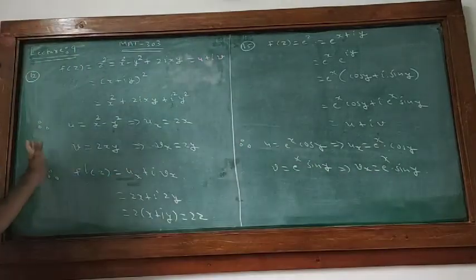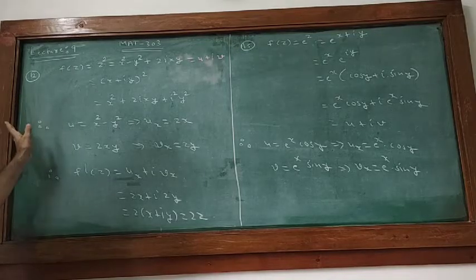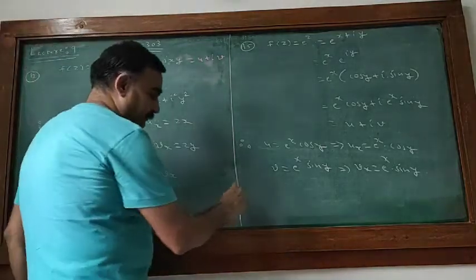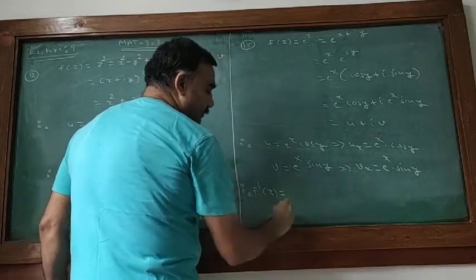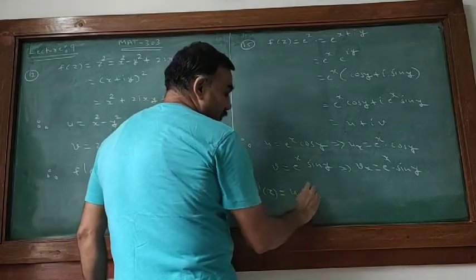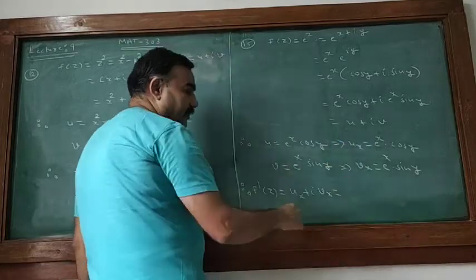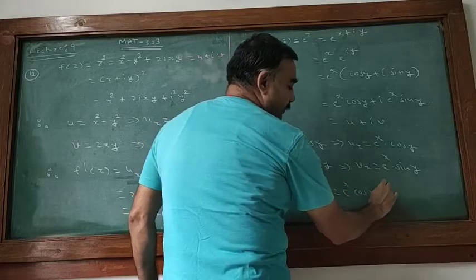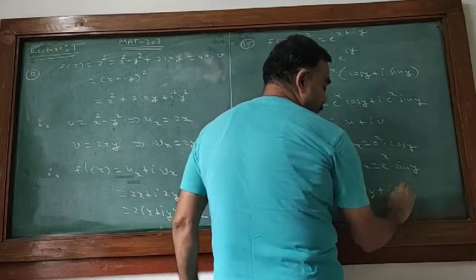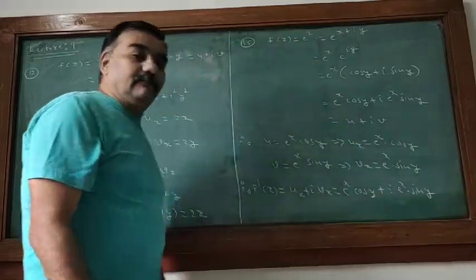And as per the definition in the previous theorem of the Cauchy-Riemann equation, f dash z is u_x plus i v_x, and we put these values here: e raised to x cos y, e raised to x sin y.